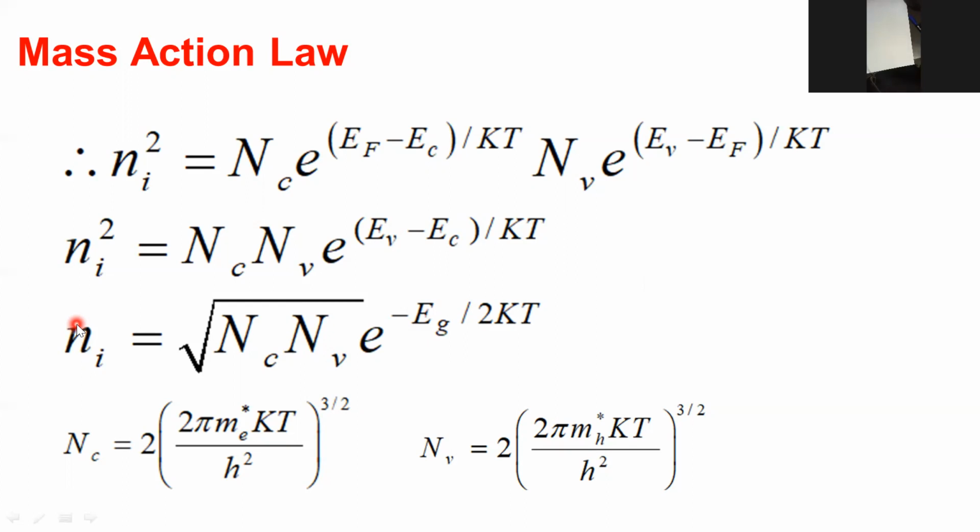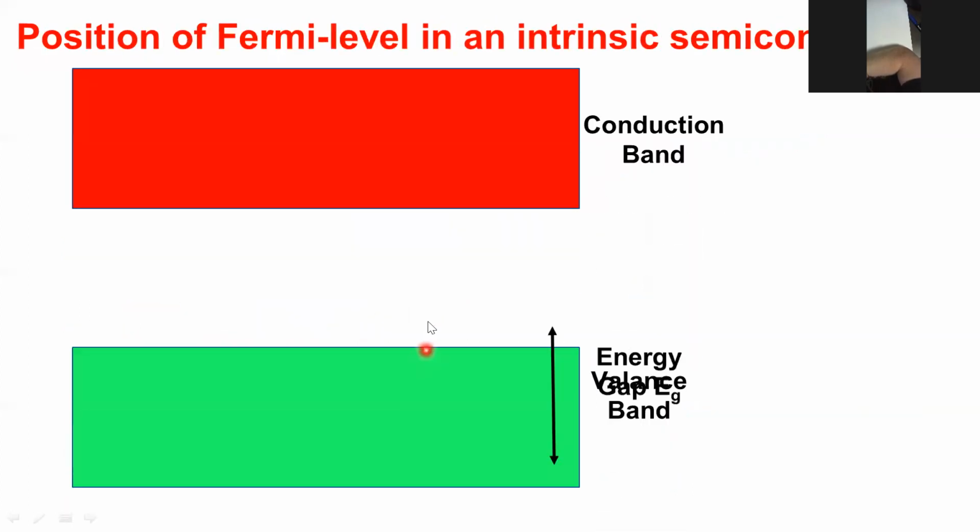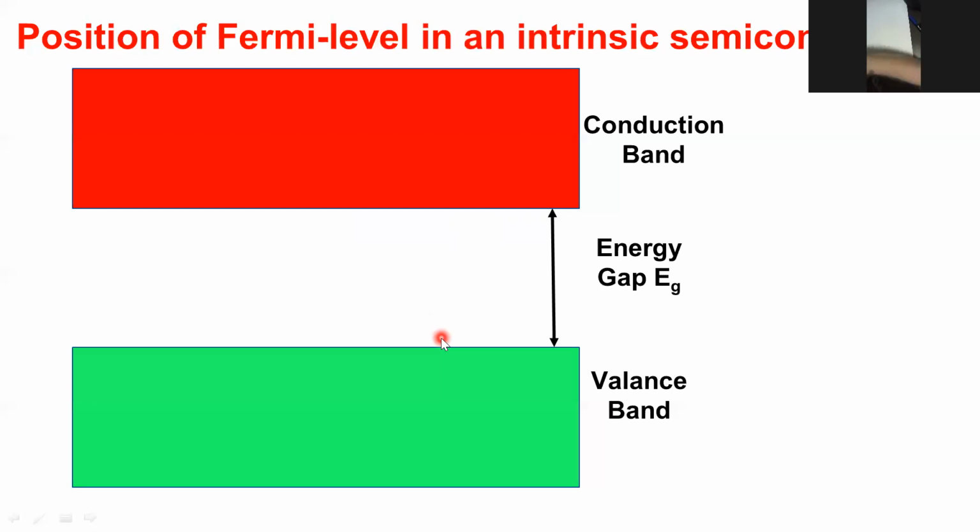You should have a deep look at this ni equation and reach the following conclusions. First, the EG. Here you can see that ni is a function of EG, which is very logical, because if this EG is too large, then the probability to find an electron in the conduction band will be small, and then ni will decrease.